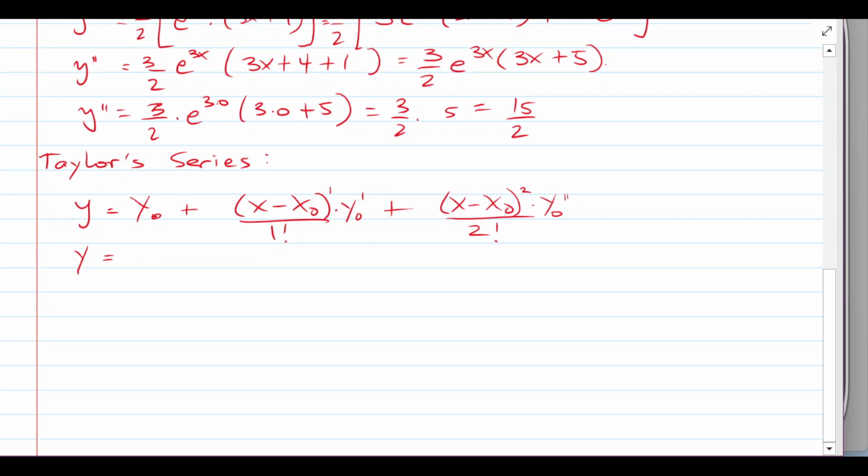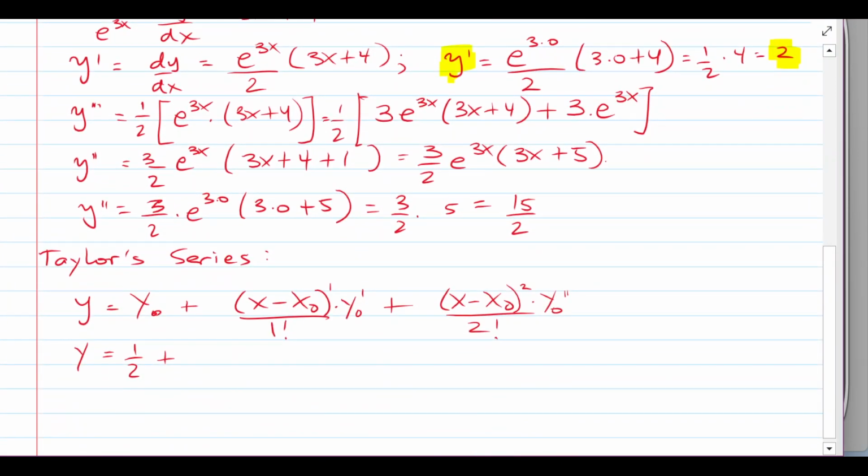So in this case y naught equals half, x naught equals 0, so we have only x times y naught prime, which equals 2 over 1, plus, with x naught equals 0 and y naught double prime equals 15 over 2, 15 over 2 times 2 factorial times x squared.